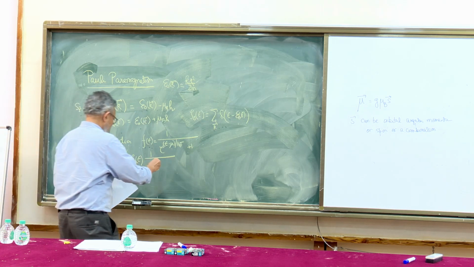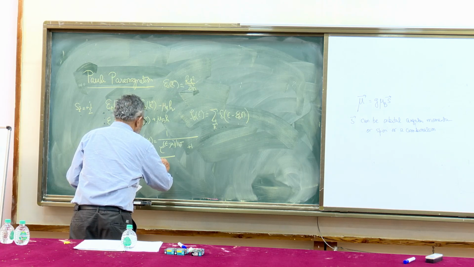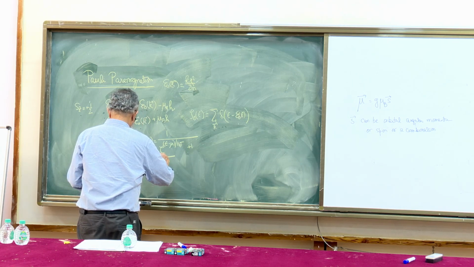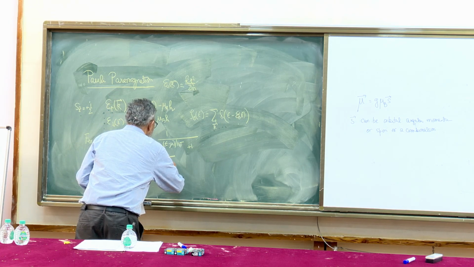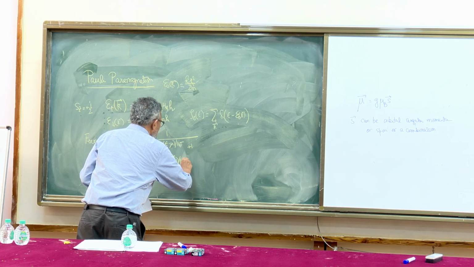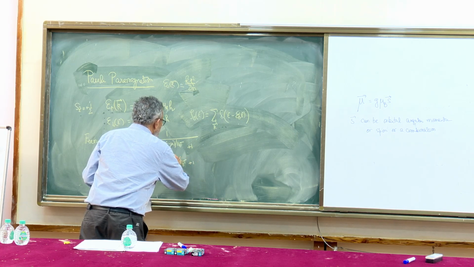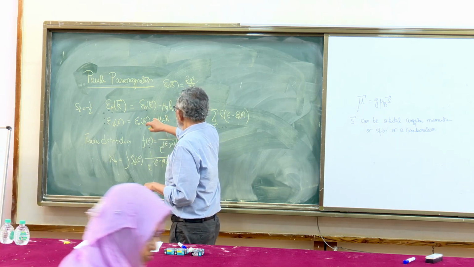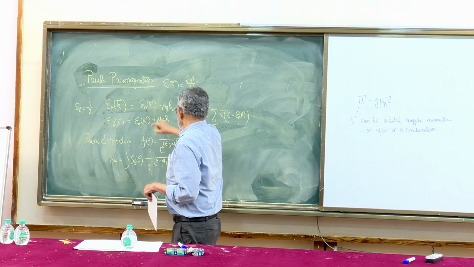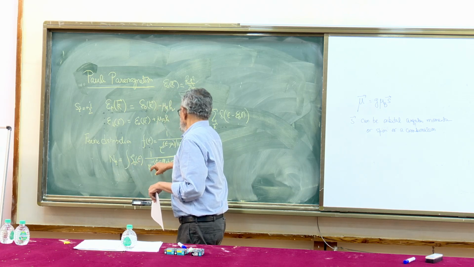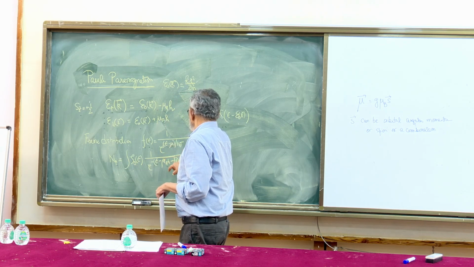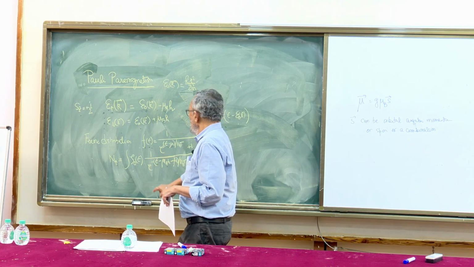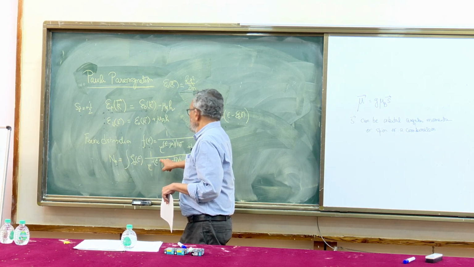So the energy will be epsilon minus mu BH for electrons. So I'm putting in this epsilon minus mu BH, and this minus mu over kBT is whatever you have here. And n down will be with a plus factor here.